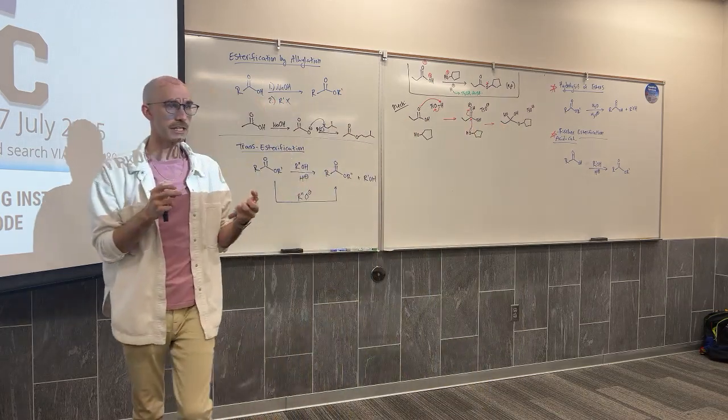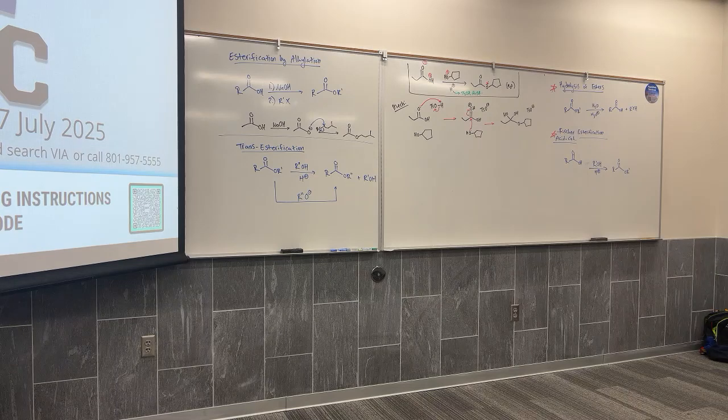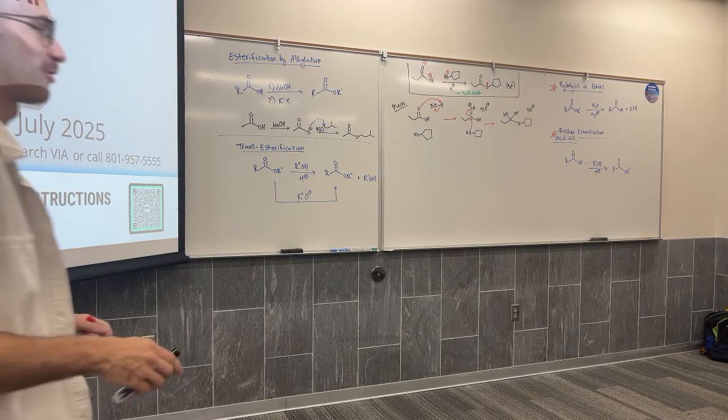This is a tetrahedral intermediate. I start with a carbonyl, I end with a carbonyl, but right now, I don't have a carbonyl. I've also missed something. Don't say it, but just raise your hand when you think you know what I've missed. One of you. 2 of you. 2.5 of you. 3 of you. 4 of you.